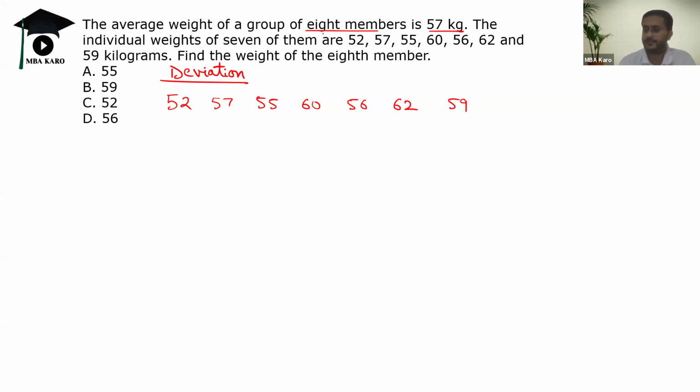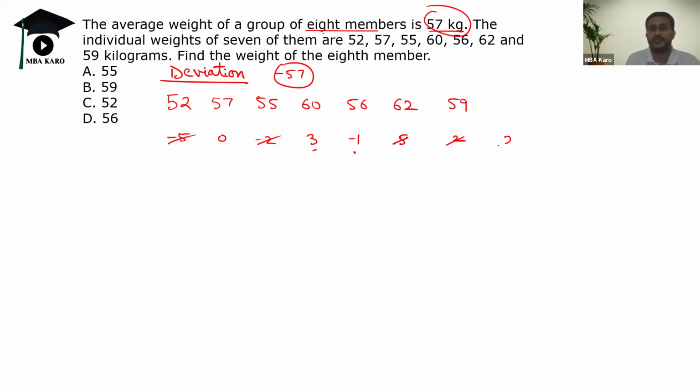Now what we need to do is use deviation. How to use deviation? The average is given to us, 57. So subtract 57 from each of them. So you'll get minus 5, 0, minus 2, 3, minus 1, 5, and 2. So minus 5 and 5 get cancelled. This gets cancelled.